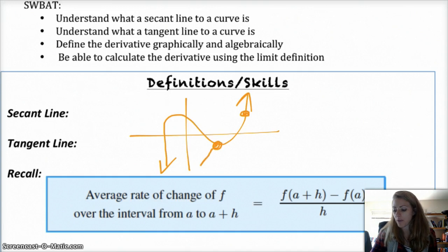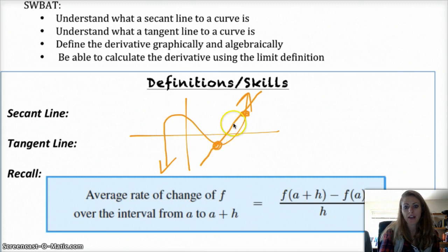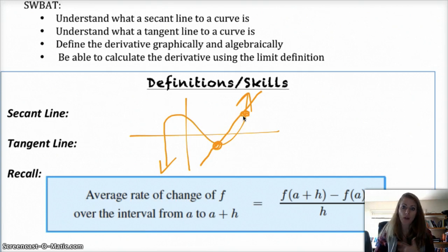You would find this line between the 2 points and find the slope of that line. This line that connects 2 points on a graph is called the secant line, and the slope of this line gives you the average rate of change. It also gives you the approximate slope of the graph at that point. So that's kind of what a secant line is.